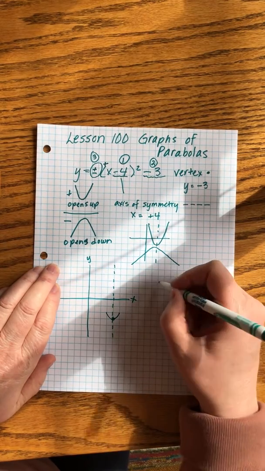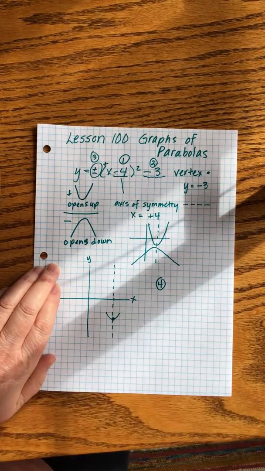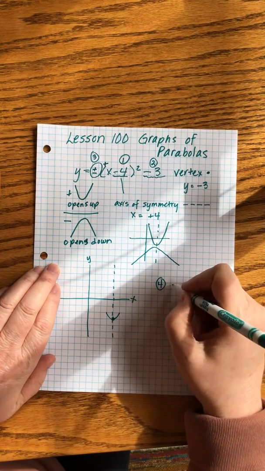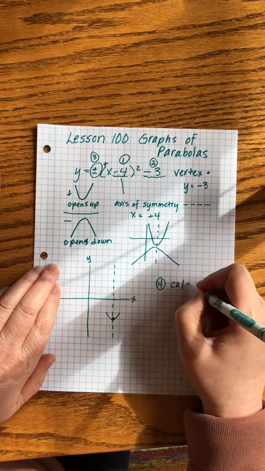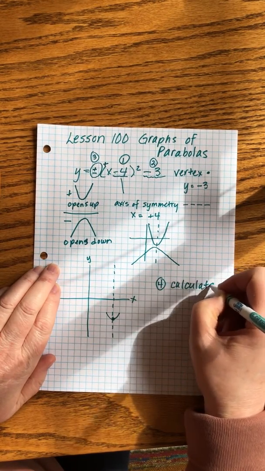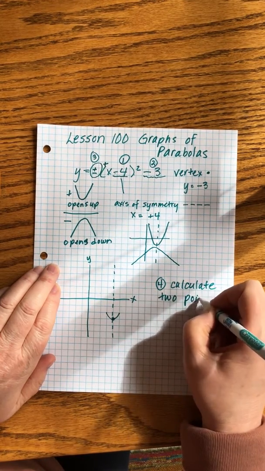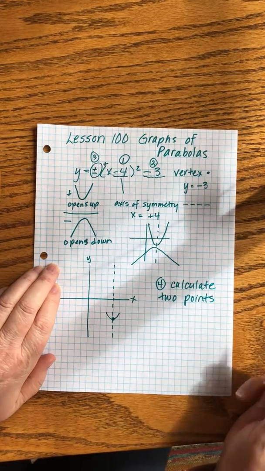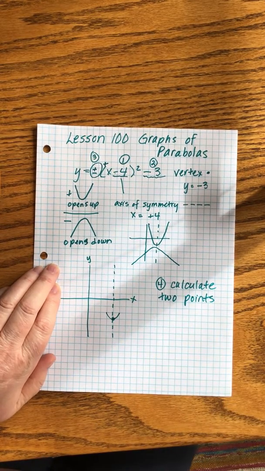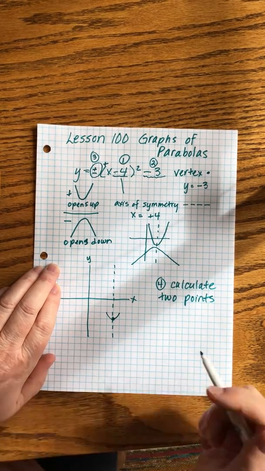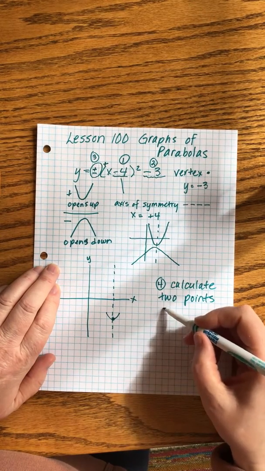But now for step 4, we're going to plot and calculate 2 more points. Okay? Now, here's one thing that's really cool about this. Never mind, I'm going to tell you that in a minute. Here's the way we calculate the 2 points.